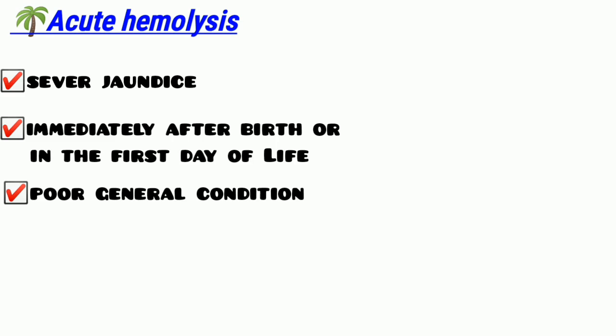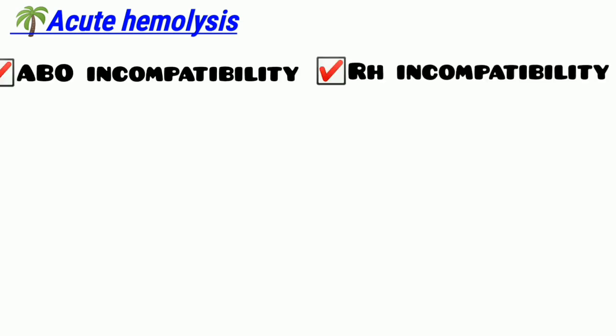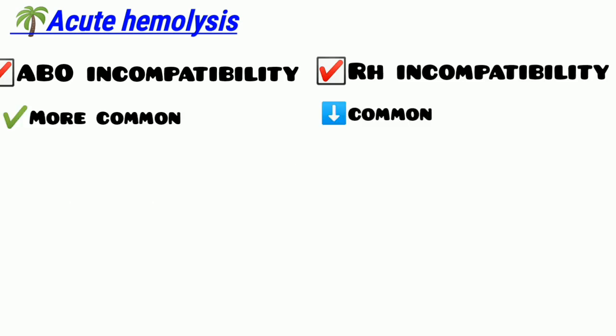ABO incompatibility has become more common than Rh incompatibility due to the prophylactic anti-Rh antibodies that are given to the mother just after birth, or prophylactically during pregnancy. ABO incompatibility with neonatal hemolysis develops only if the mother has IgG antibodies from a previous exposure to A or B antigens.